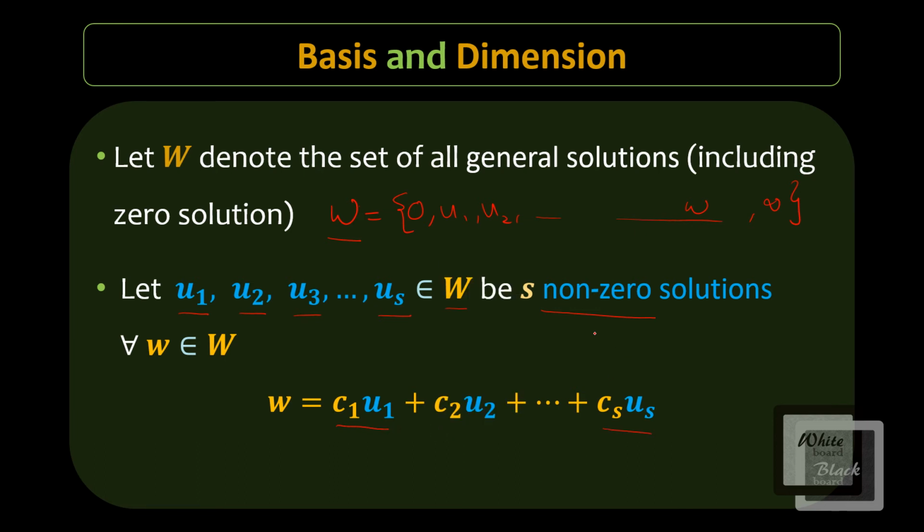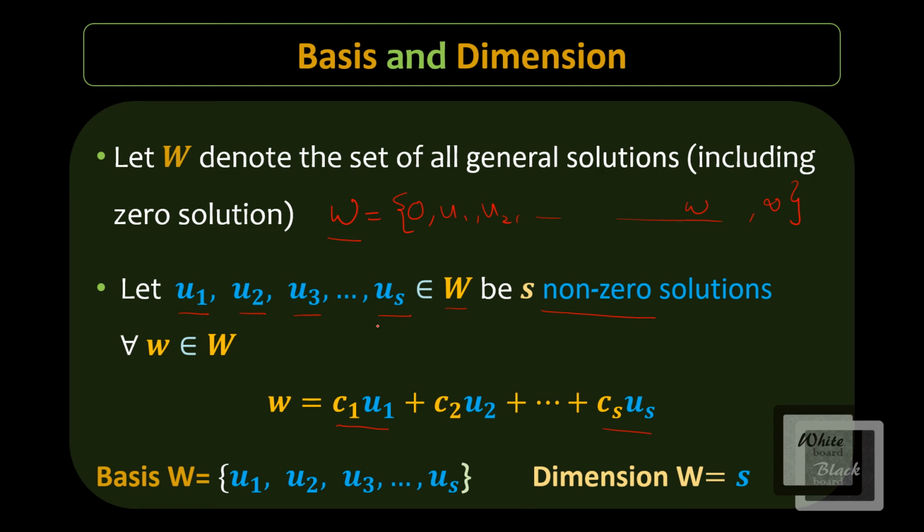That means every other solution in W can be written as a linear combination of these s solutions. I will call this set U1, U2, ..., Us a set B, a basis of the homogeneous system of linear equations. This set contains s non-zero solutions. I will say that the dimension of W is s.